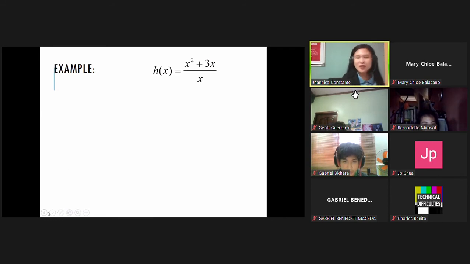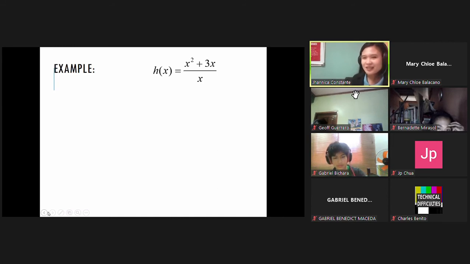What about this one? What will be the vertical, the horizontal, or are we going to have an oblique asymptote for the function h of x equals x squared plus 3x over x? Yes, oblique.